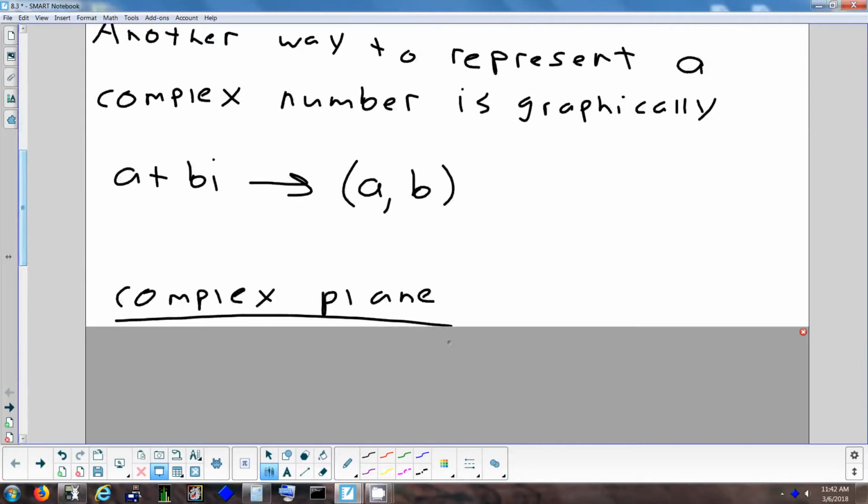So because there's two numbers, you have to graph it on a plane. Okay, number line is good when you have to graph a single number, but for a coordinate, you've got two numbers. So you need an x and a y-axis. Well, x and y-axis is what you call it in Algebra 1, okay, when you're graphing a coordinate. We have a real part and an imaginary part.